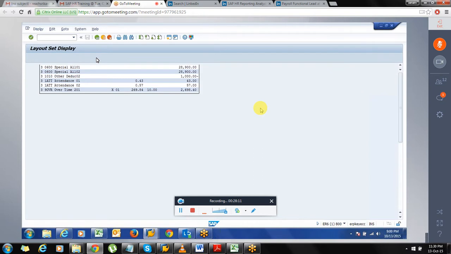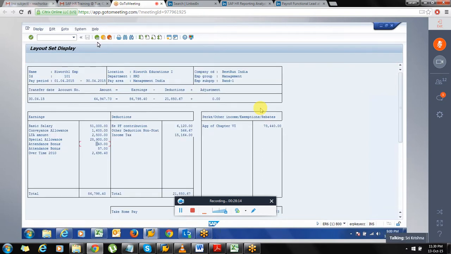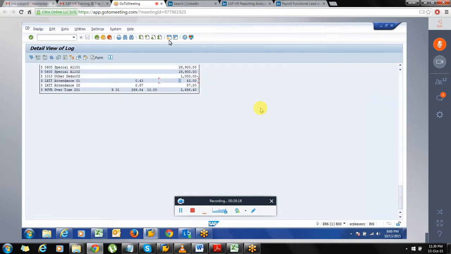But we can eliminate this basing on processing class 5. I think Shweta asked yesterday how to do that. So finally the amount calculation should be like this.